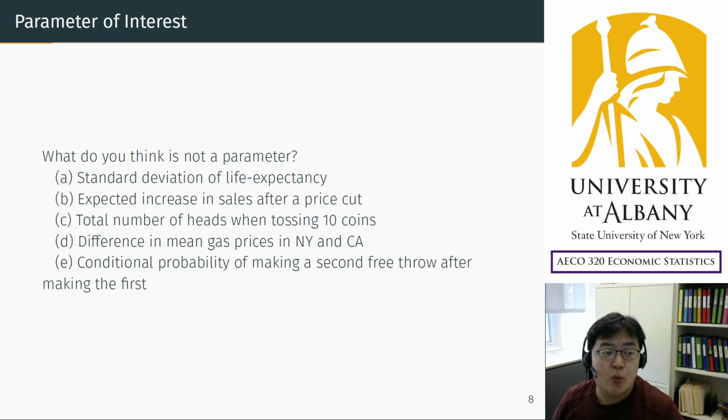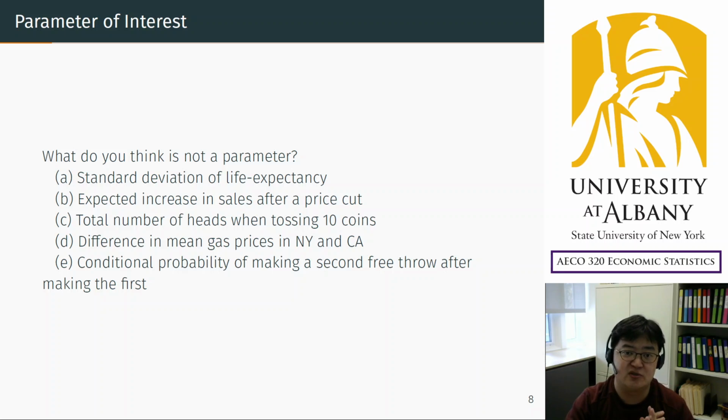Okay, so in the previous video, we learned the basic structure of statistical inference. We learned that we are making a guess about the population using the sample, which is observed. Population is not observed, but sample is observed.